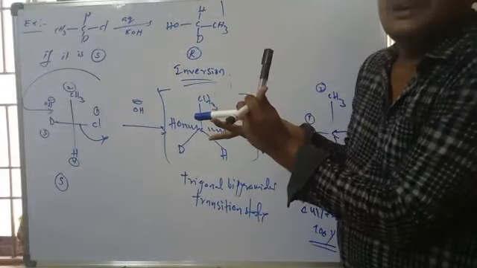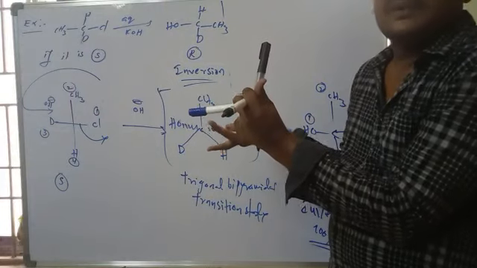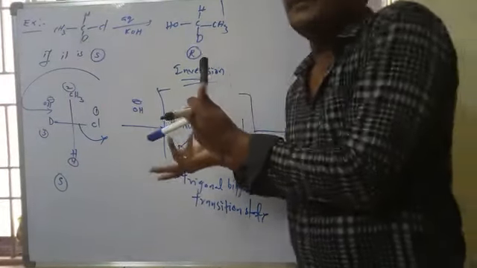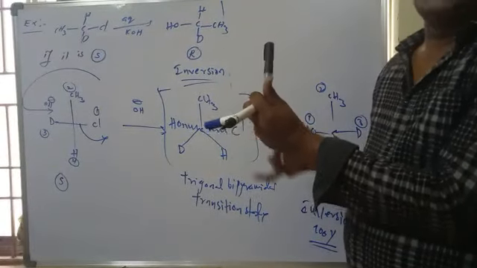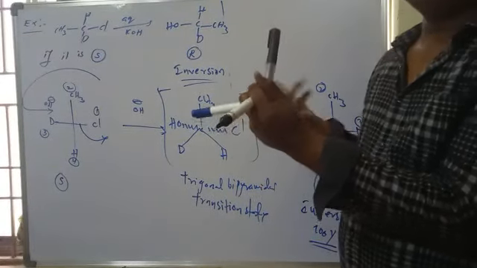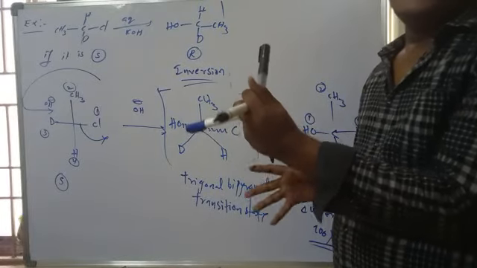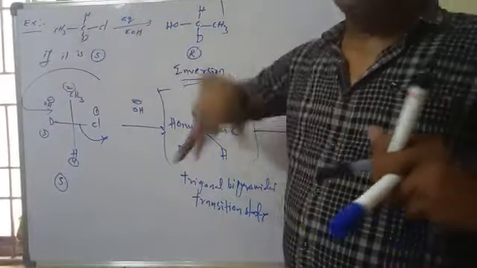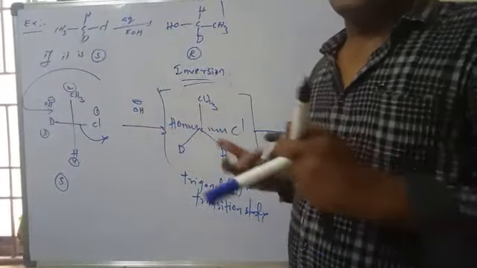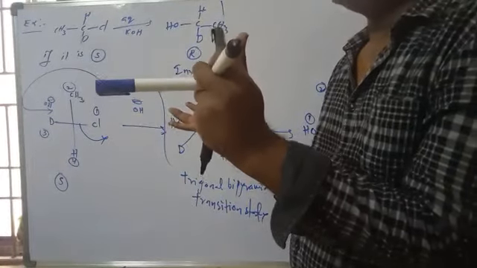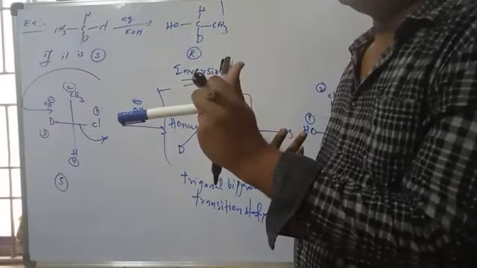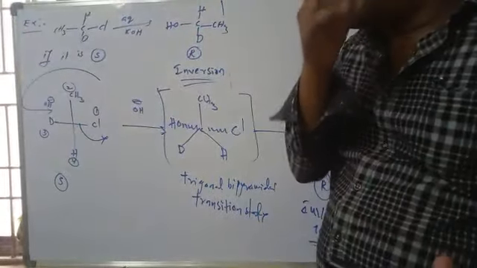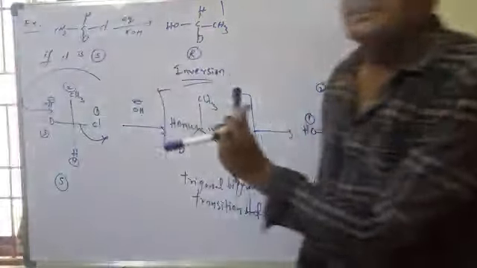This inversion is called Walden inversion, because the scientist Walden first found it out. This is also called umbrella inversion. Why is it umbrella inversion? If wind is moving at high speed and you hold an umbrella opposite to that wind, the umbrella becomes inverted. In the same way, the initial reactant is like that and the product is like this.